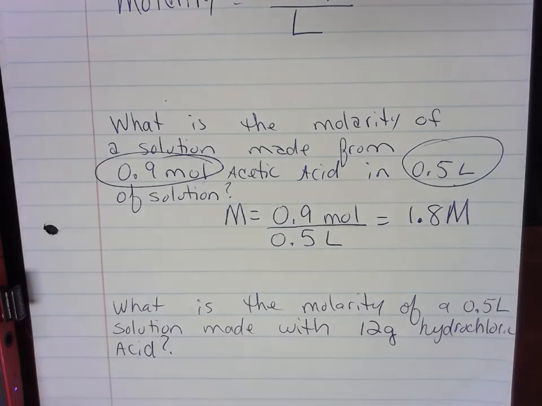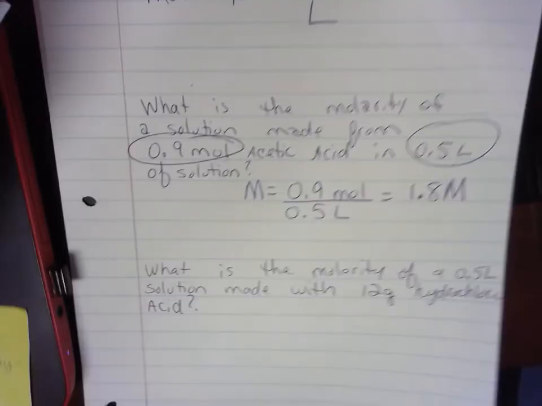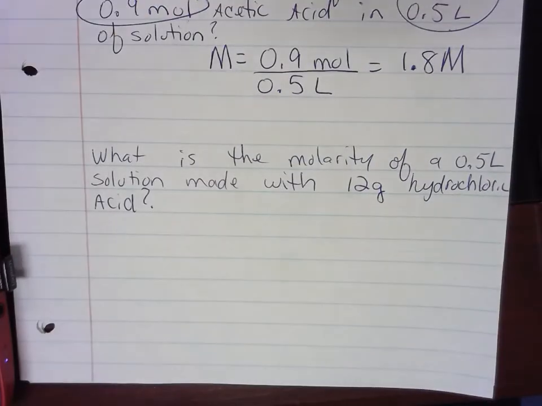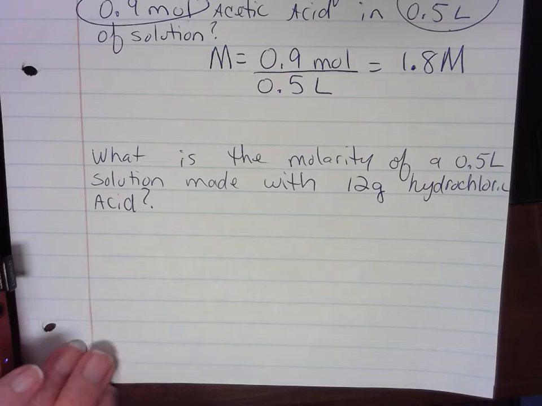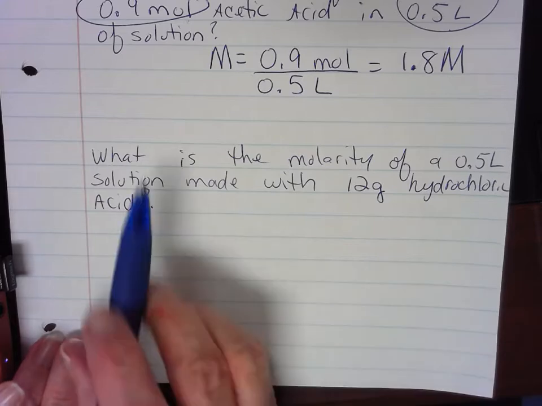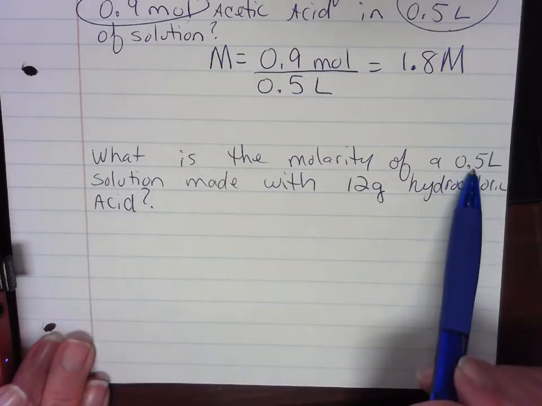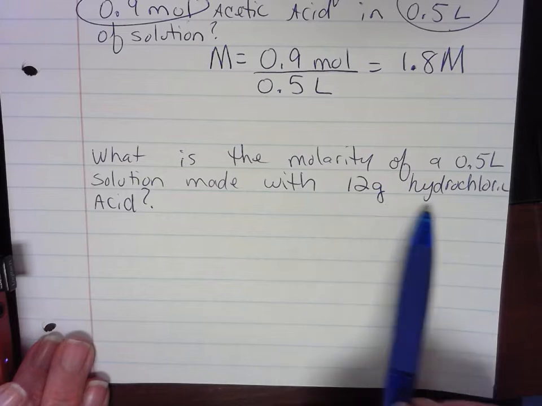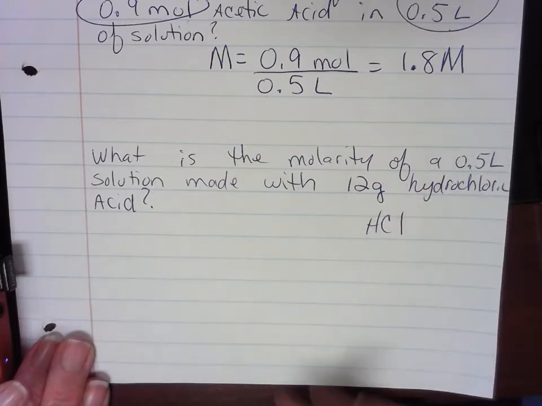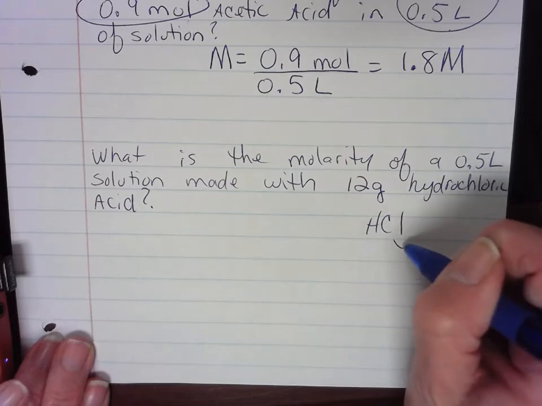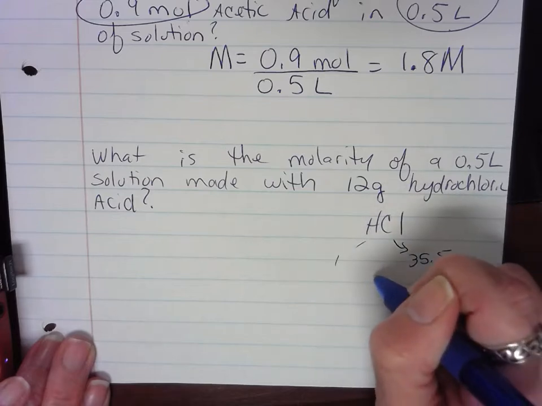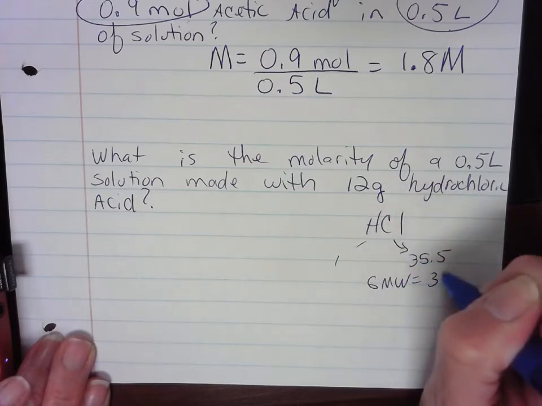Now, in the event that they do not give you the moles on your test, but they give you grams, then you just have to do a conversion to moles. So we have this one. What is the molarity of a 0.5 liter solution made with 12 grams of hydrochloric acid? Okay, so hydrochloric acid, chlorine is 35.5, hydrogen is 1, so the GMW is 36.5 grams per mole.